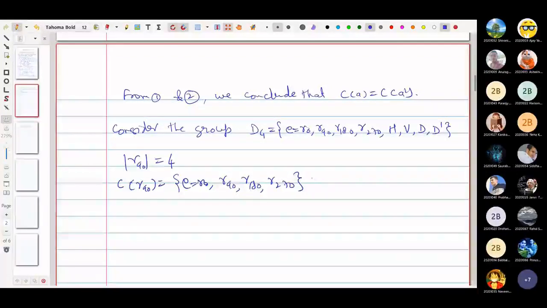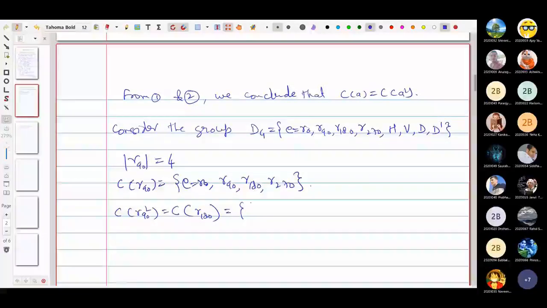So this is the centralizer of R90. Now we need to find the centralizer of R90 square. R90 square means R180. The centralizer of R180 contains those elements of D4 which commute with it.